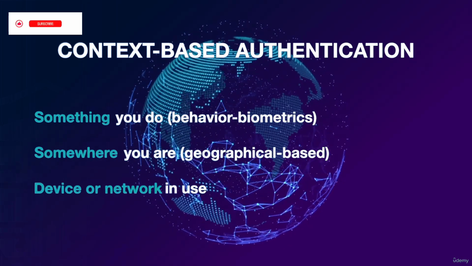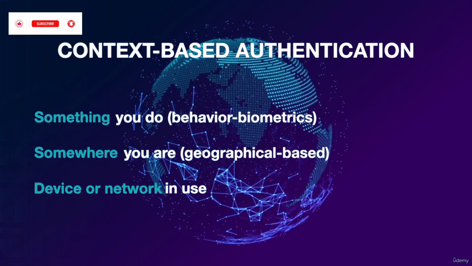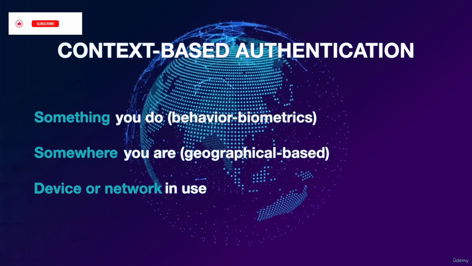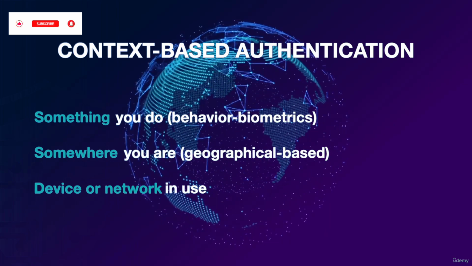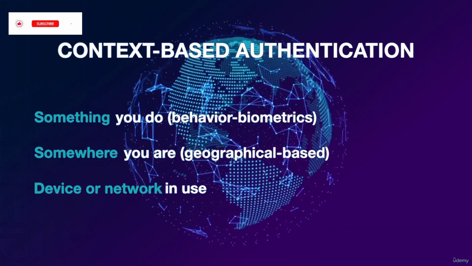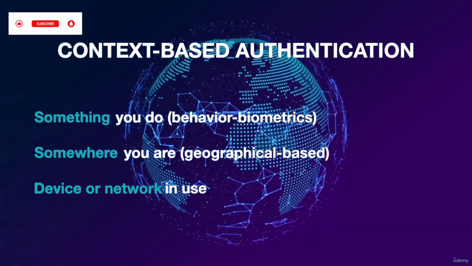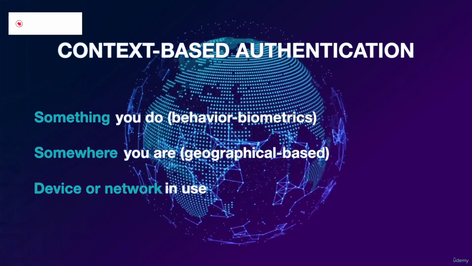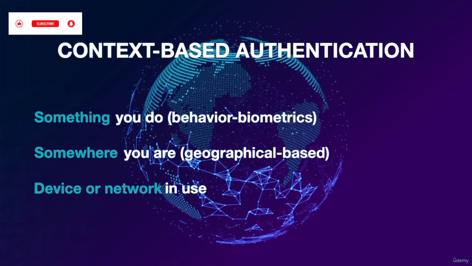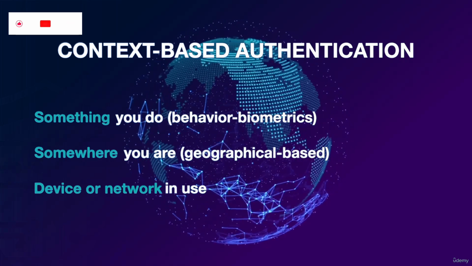So something you do is often referred to as type 3 authentication as well. I have seen it called type 4 in certain references and resources, but in reality, it's still a type 3 authentication factor. The CBK and NIST also call this type 3 as well. So that's what I would go with on the exam.